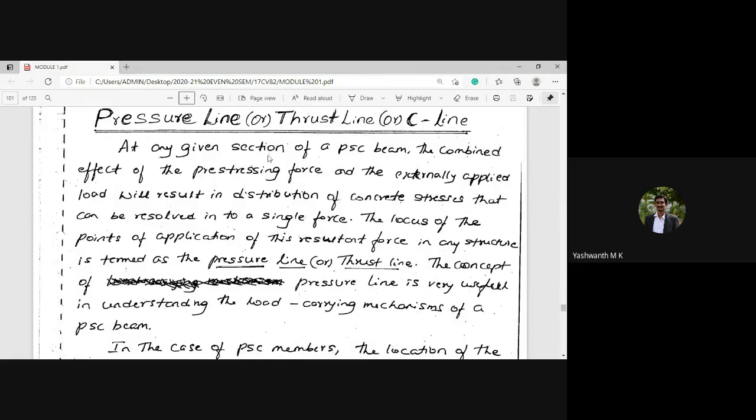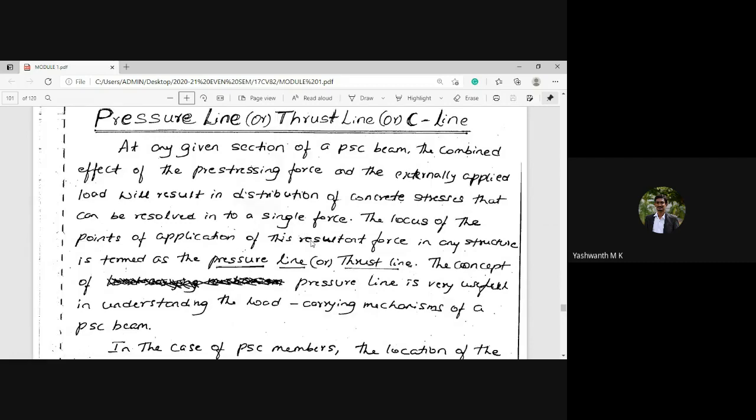We'll repeat: when the PSC beam is subjected to the effect of pre-stressing force and externally applied load, it creates stresses. These will be resolved into a single force, called the resultant force, acting at a particular point. That point or line in a structure is called the pressure line or thrust line.